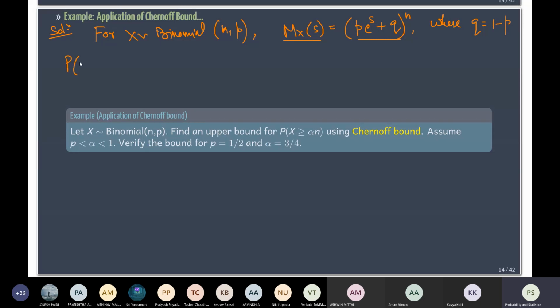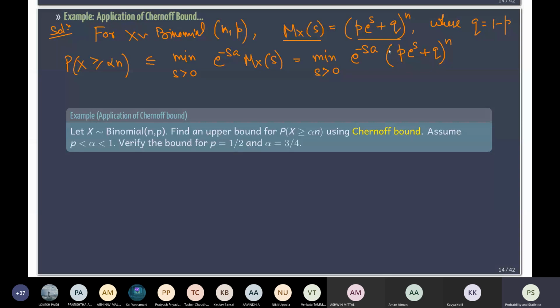So the probability that X is greater than or equal to alpha n will be less than or equal to the Chernoff bound with the minimum possible value, so the minimum over s greater than 0 of e to the minus sa times M_X(s). Here we put the value: e to the minus sa as it is, and the moment generating part is (p e^s + q)^n.